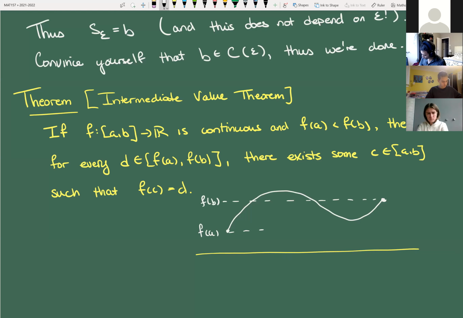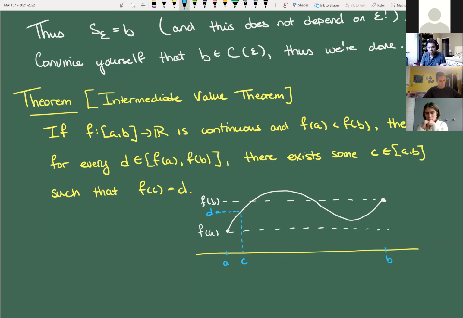So the theorem says for any number between f of a and f of b, there's some point on the curve which achieves that, right? So if I say, let's let this be d, this height, and I walk across, there's some number c between a and b, such that f of c is equal to d, right?